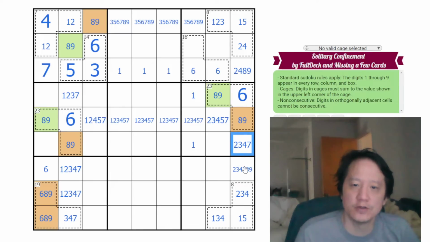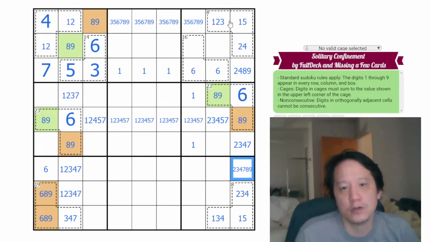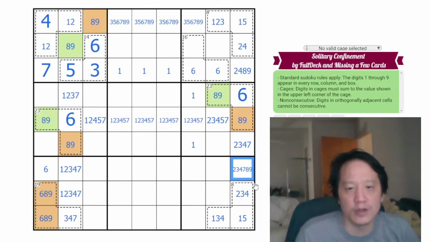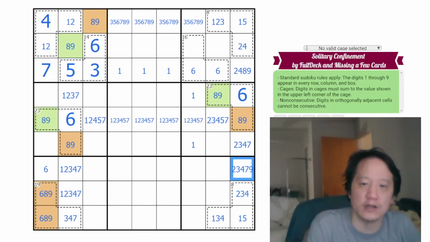So 7 is either here or here, right? This can't be 7, these can't be 7, this can't be 7. So if this is 7, this cannot be 8. So this can't be 8 either way.